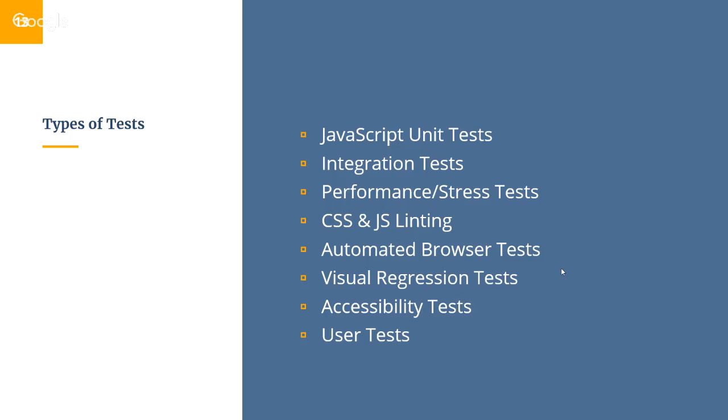This simply refers to you manually checking that the code that you've written is doing what you expect it to be doing. So with this type of testing, you write the code, you open the browser up, you know what you want from the code, and check that the code does it. If it does it, then the test passes. If there's an error, the test doesn't pass. And that's what a user test is.